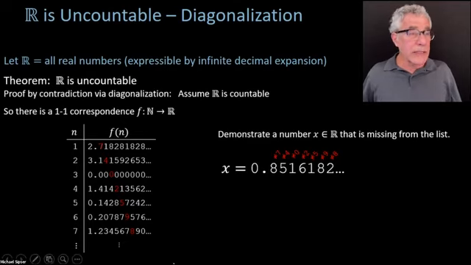You just didn't get to it in your slide, but it's there. Well, I'm going to say I know it's not in the 23rd row because it differs from the number in the 23rd row at the 23rd digit, because I constructed it that way. This number is designed explicitly to be different from each of the numbers on the list. So it can't be on the list because it's been constructed to be different from each of them in at least one place.